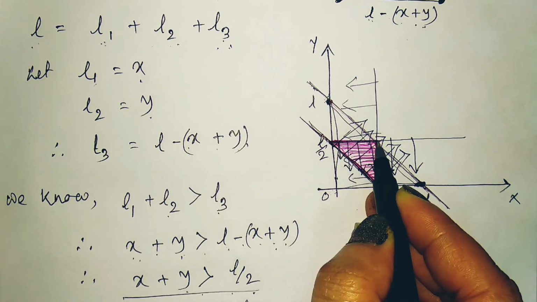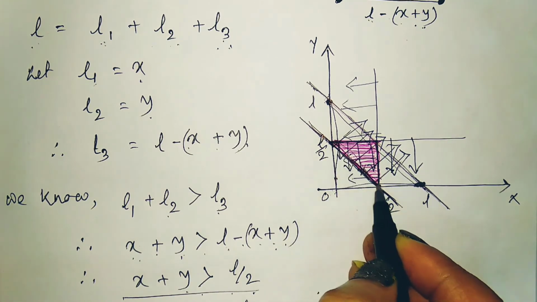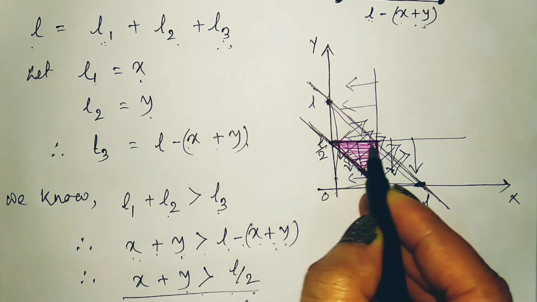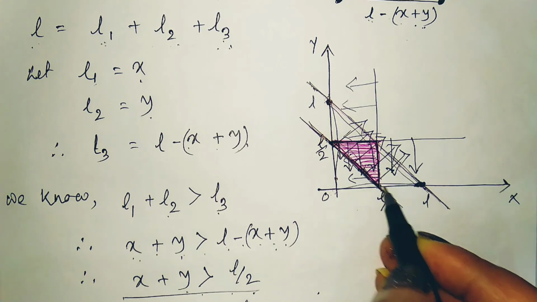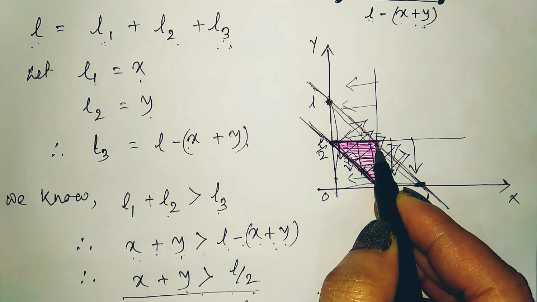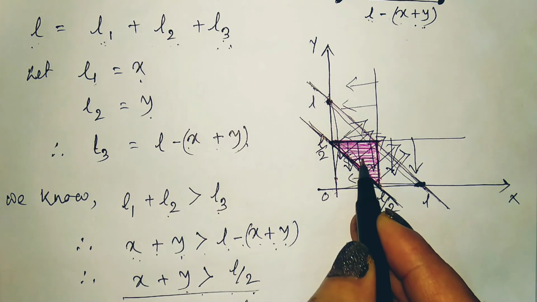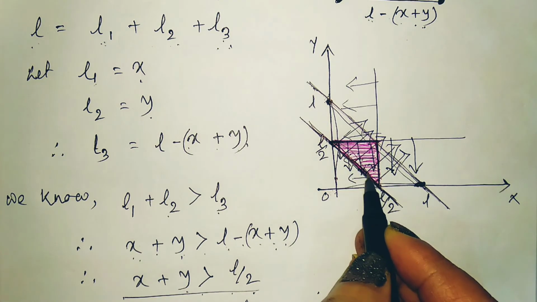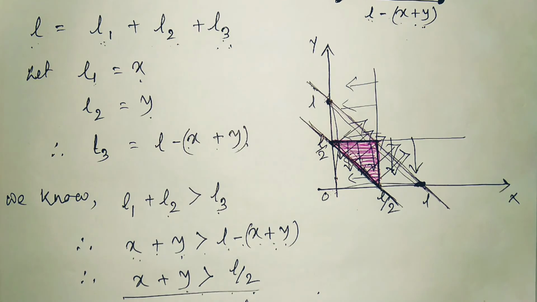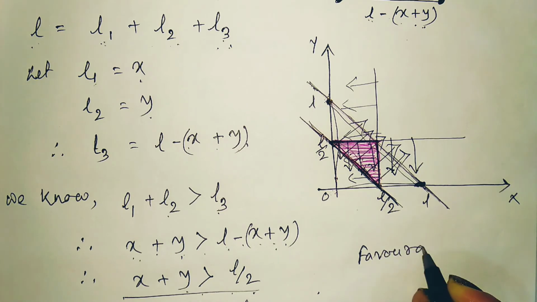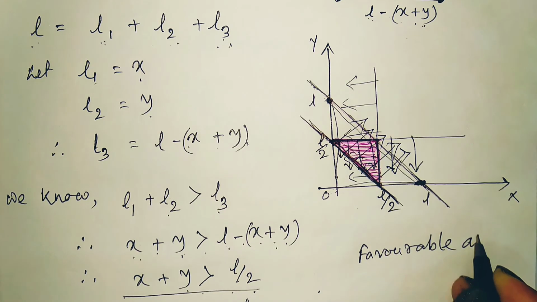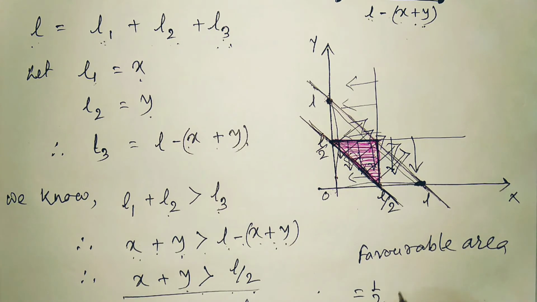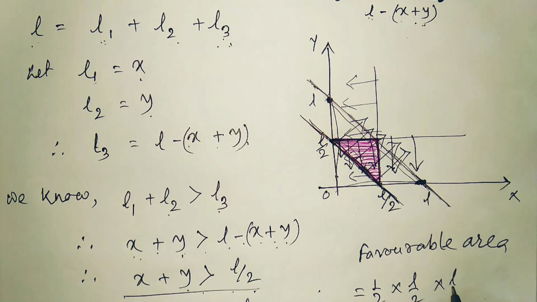Now if we want to find the area of this triangle, this one is a right angle triangle, its length is L by 2, this length is L by 2, this is height and base we can say, so the area of this triangle is half into base into height, so we can say half into L by 2 into L by 2. So the smaller favorable area is equal to half into L by 2 into L by 2.